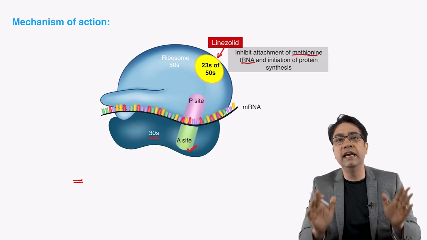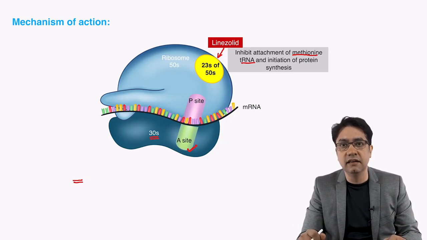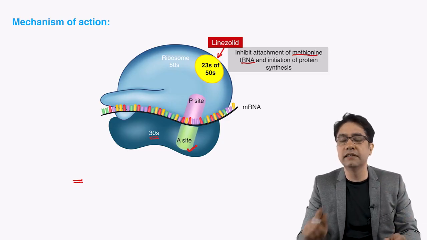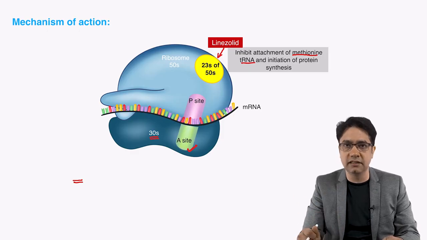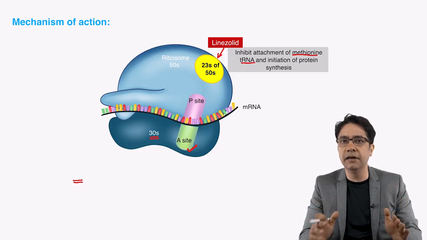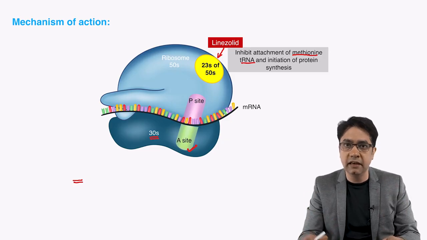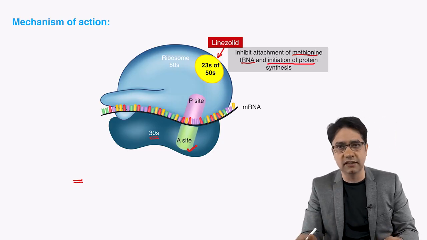We all know in any protein synthesis, the first amino acid which is always required is methionine. So it causes initiation or start of protein synthesis. So if linezolid binding to the 23S subunit of the 50S ribosome inhibits the attachment of methionine, can we say it will inhibit initiation of protein synthesis?